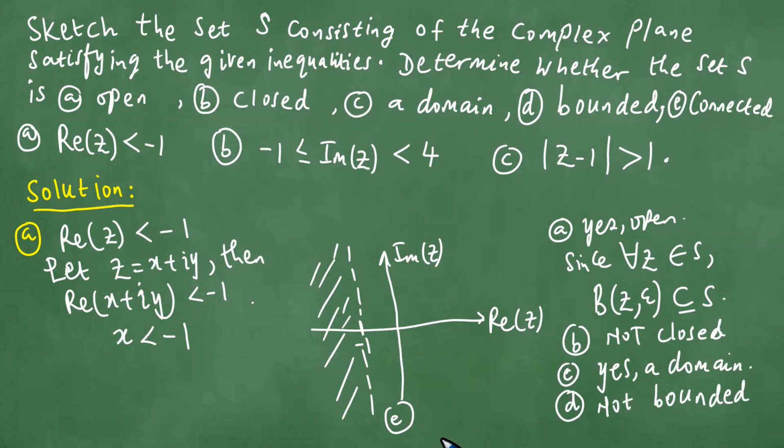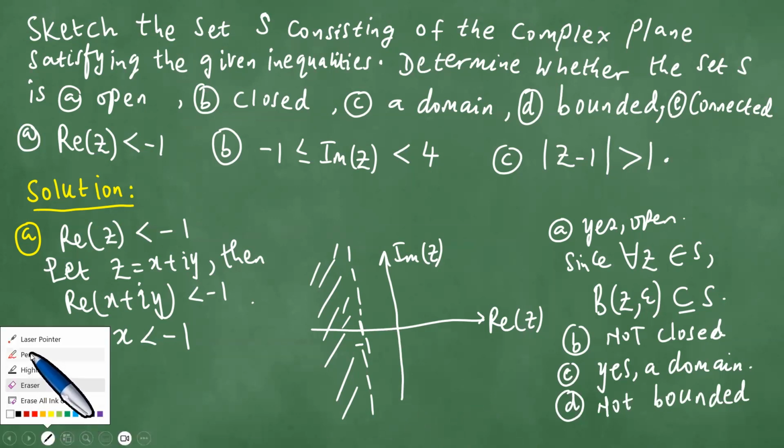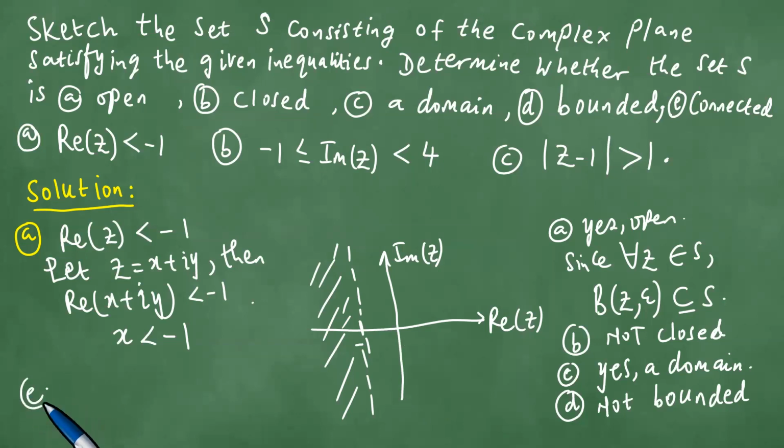And so, yes, the set is connected, because it cannot be written as a union of two open sets that are disjoint. So yes, S is connected. Right, we continue now to look at the next part.